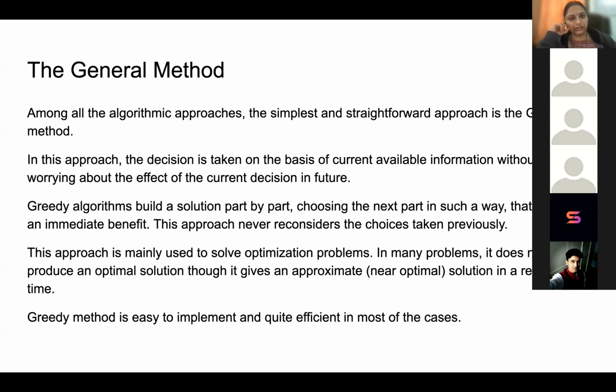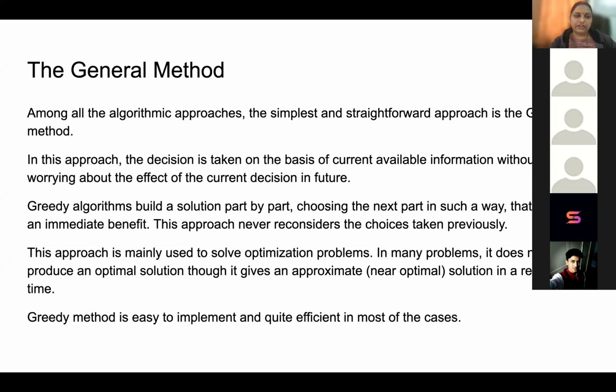Means what again? I want to get the maximum profit. I have the constraint that I will have to do this part. Constraint means I will have limited options. From those options I will choose the option that will give me the immediate benefit.